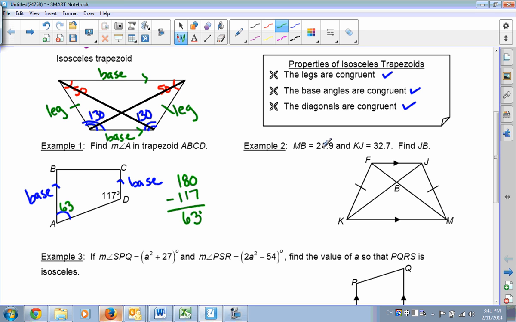Okay? So MB, where's MB? That's this. I'll highlight this right here in yellow. This little segment right here is 21.9. So according to our rules, what else would be 21.9? KB. Good.